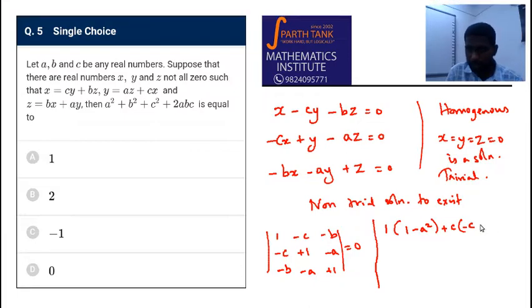Minus c minus ab, then minus b times ac plus b should be 0.